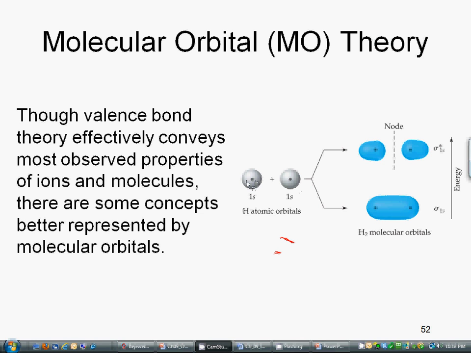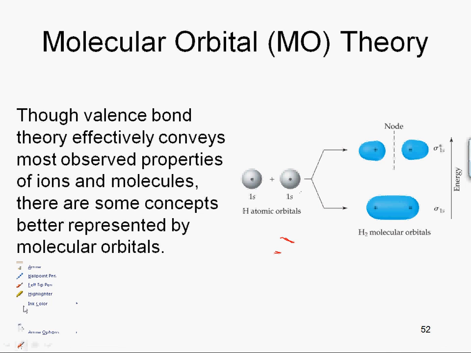So if a hydrogen with one electron and a hydrogen with one electron were to interact, we would put the electrons into the bottom orbital, not the top orbital. So I'm going to go ahead and do that by drawing in the arrows here. And I've got to draw that one downwards.